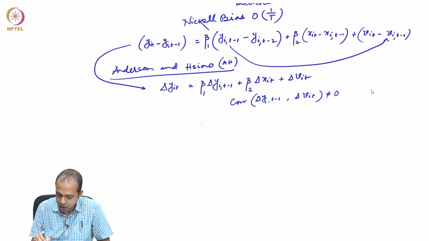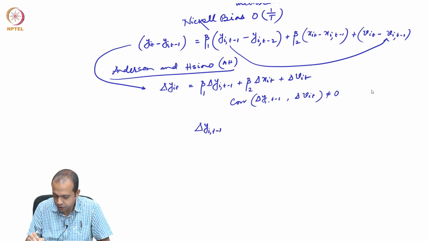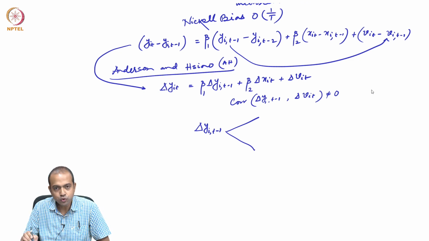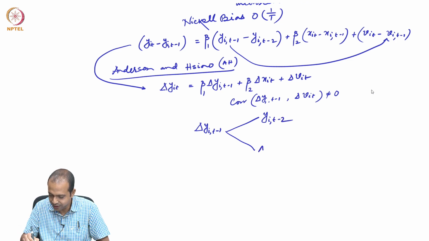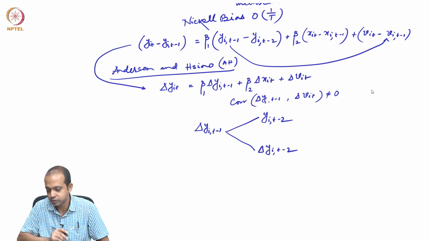And what are the instruments for delta YIT minus 1? Based on Anderson and Hsieh, we can use two types of instruments. You can use either the second lag of the undifferenced variable, that means YIT minus 2, or delta YIT minus 2.